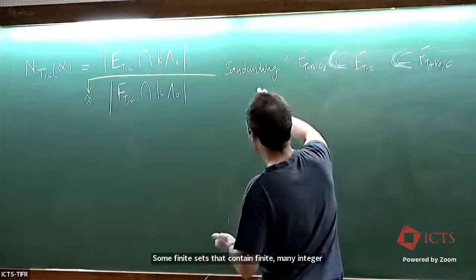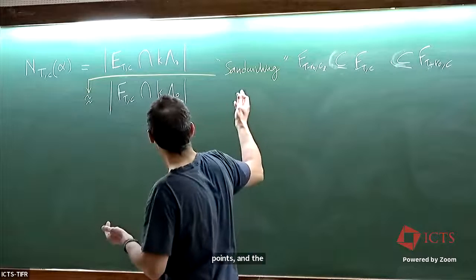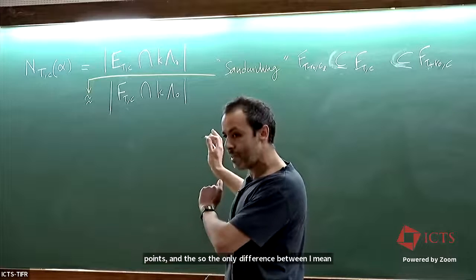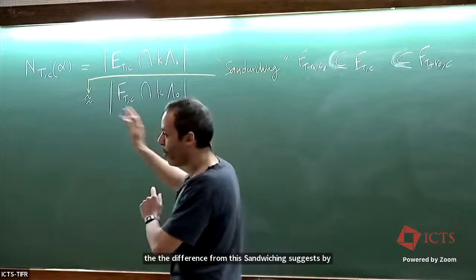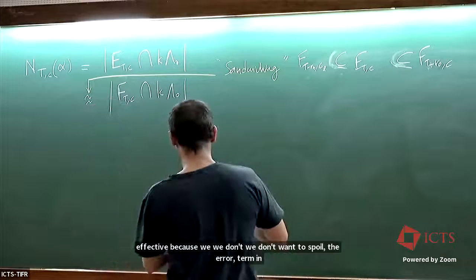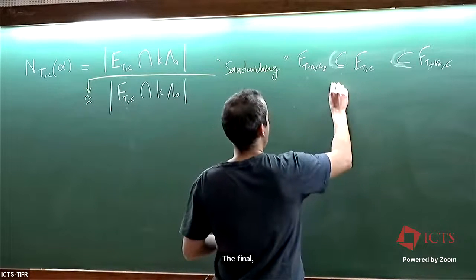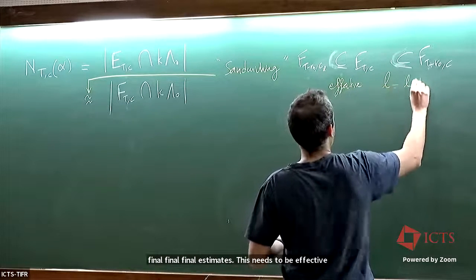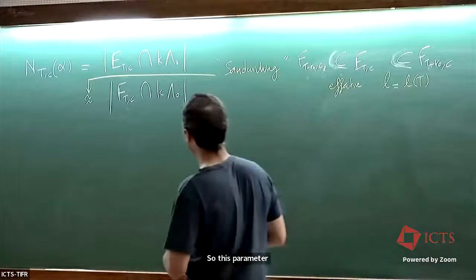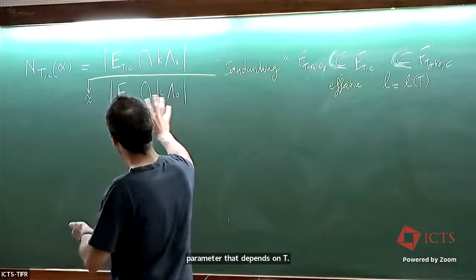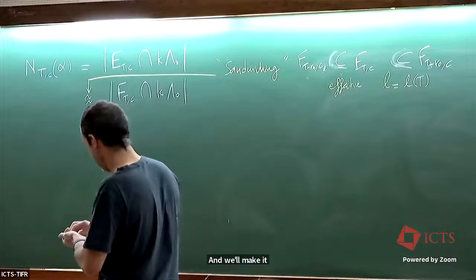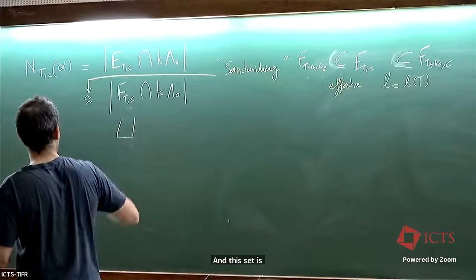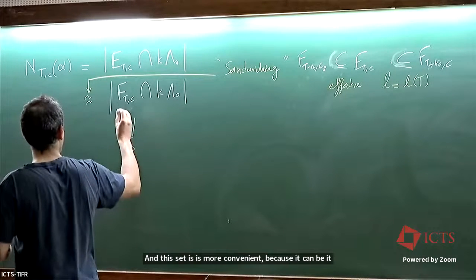The only difference from the sandwiching suggested by Alam-Ghosh is that we need to make it effective, because we don't want it to spoil the error term in the final estimate. So this parameter L depends on T, and we'll make it effective and control. One needs to control this sandwiching. And this set is more convenient because it is a tessellation under AT.